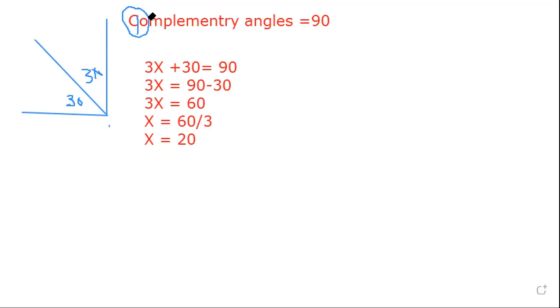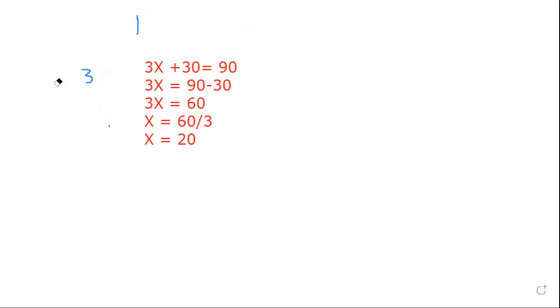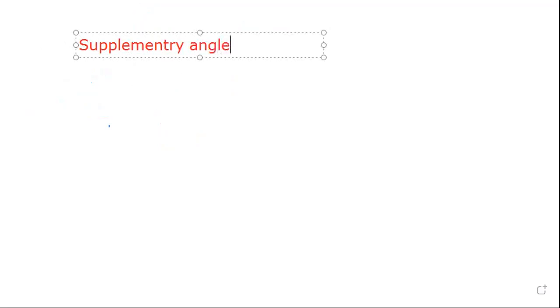What about the second type, Ibrahim, which is supplementary angles? Supplementary is equal to 180. Exactly. Its shape has a straight line and a line that intersects with it. So supplementary angles add to 180.